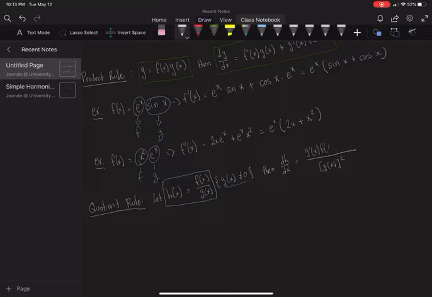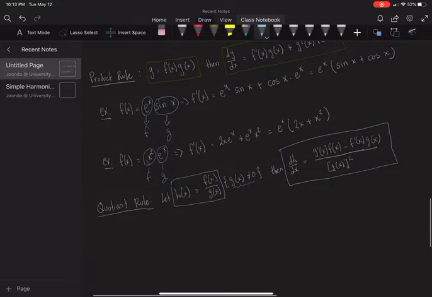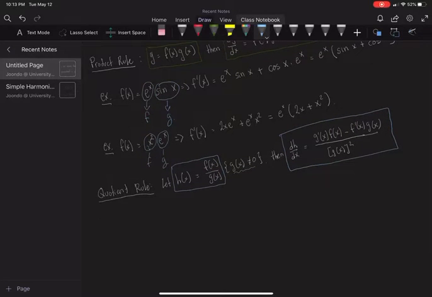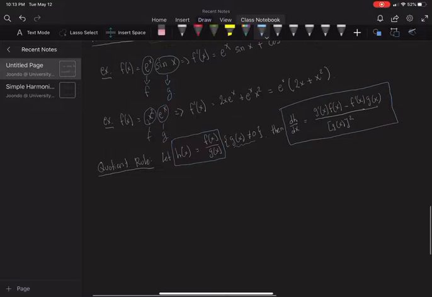Okay? And if we do this, then we can find the derivative of a quotient if g of x is not equal to 0. And let me give you a simple example of this.